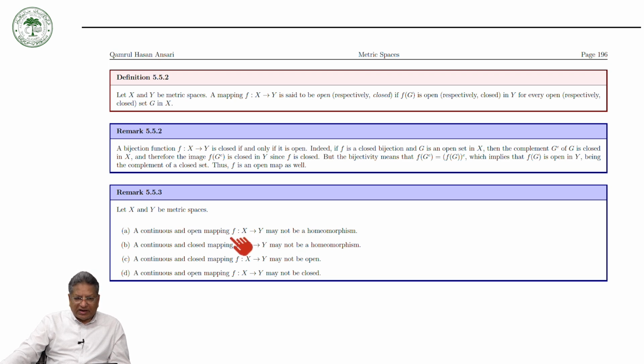So if f is a homeomorphism, then it is continuous as well as open, but a continuous and open mapping may not be a homeomorphism. Similarly, a continuous and closed mapping may not be a homeomorphism, but a homeomorphism is closed as well as continuous. A continuous and closed mapping may not be open. The third thing is a continuous and open mapping may not be closed.